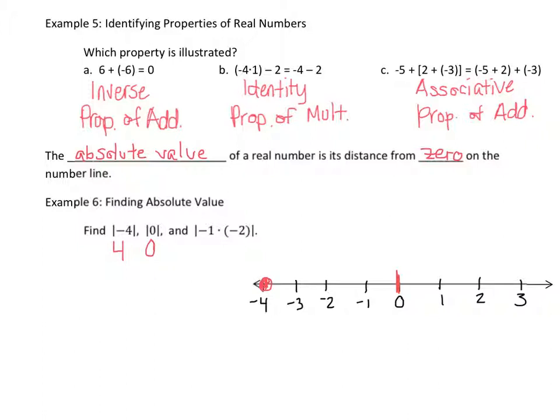Then the last one. How do we deal with this? We've got stuff going on inside. Do we deal with the inside yet? So we're multiplying. -1 times -2 is positive 2. So we have absolute value of positive 2. How far is 2 from 0? There's 2 spaces. Okay, so our answer would be 2.